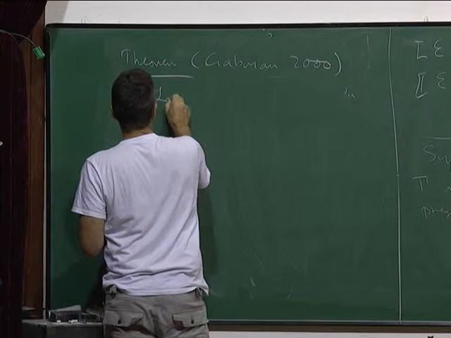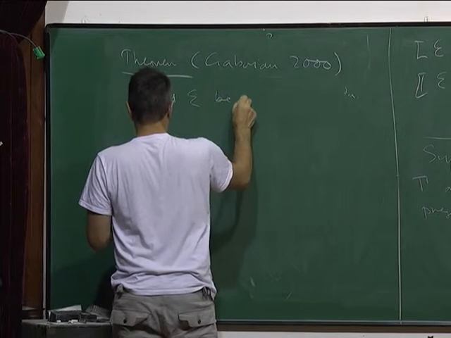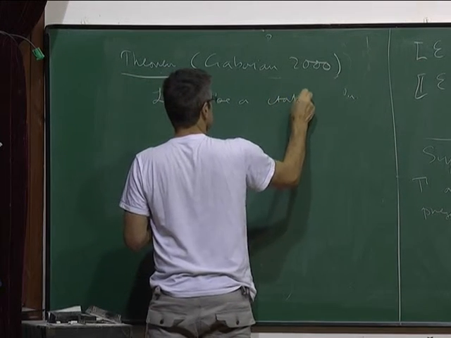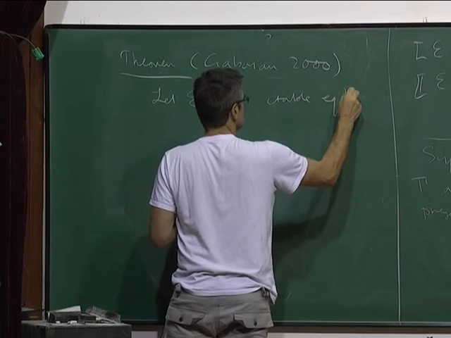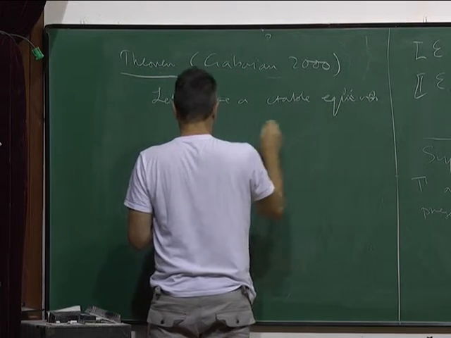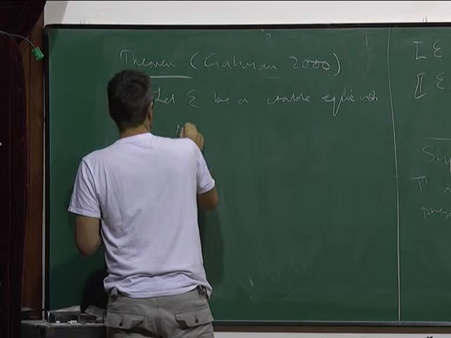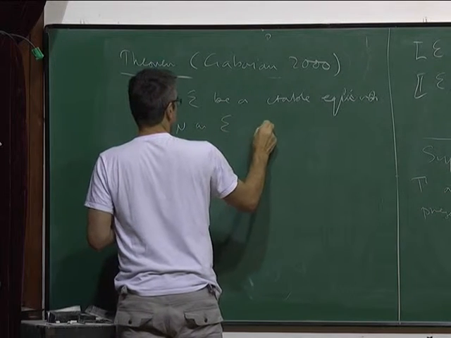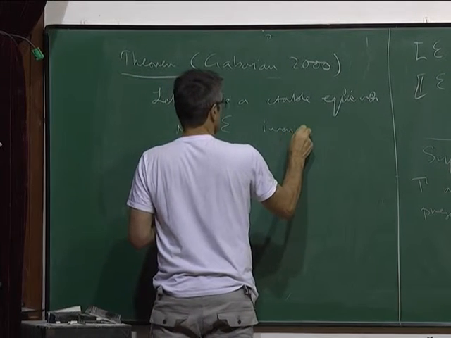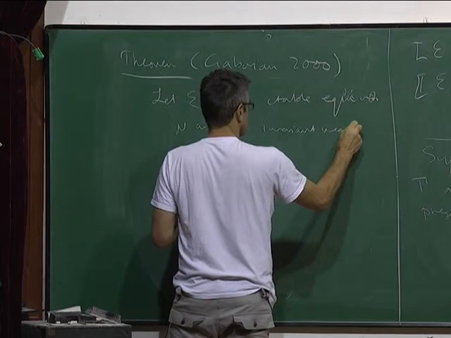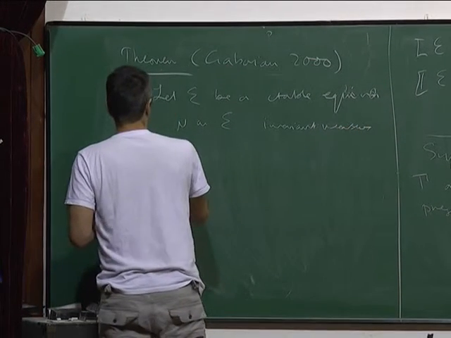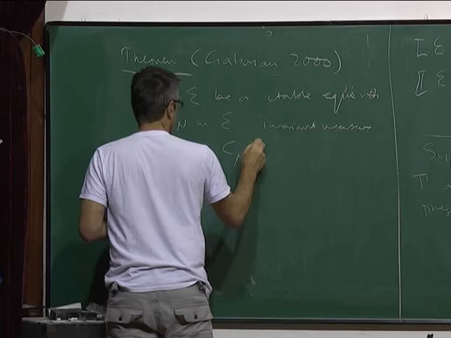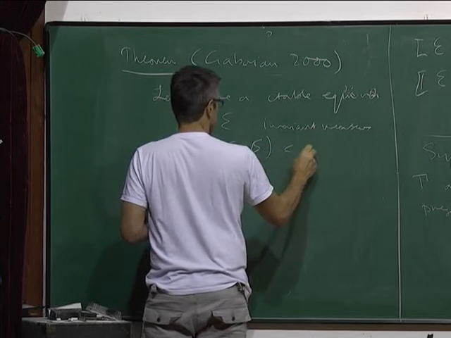So let E be a countable equivalence relation, mu an invariant measure on E, with the cost of E being less than infinity.